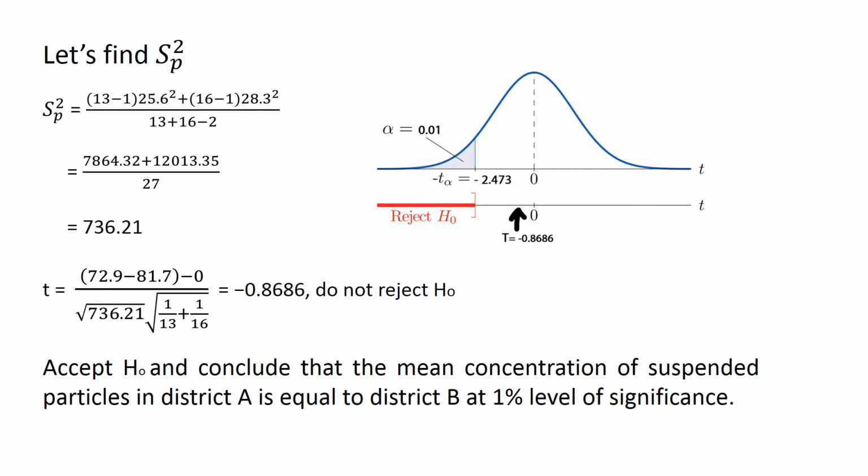Then we make a decision, accept null hypothesis. Final step, draw a conclusion. Accept null hypothesis and conclude that the mean concentration of suspended particles in district A is equal to district B at 1% level of significance.